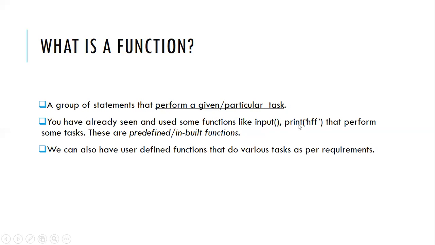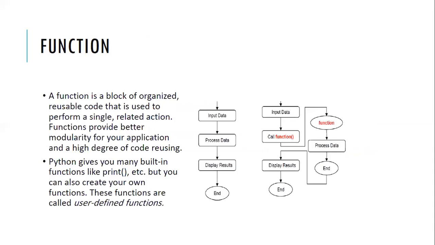These functions are already there in Python library, and these functions are called as predefined or inbuilt functions. It means that they are already built, they know their definition, everything is defined and stored, and that's why we are reusing those functions for our purpose. So let us see how we can define our own functions.